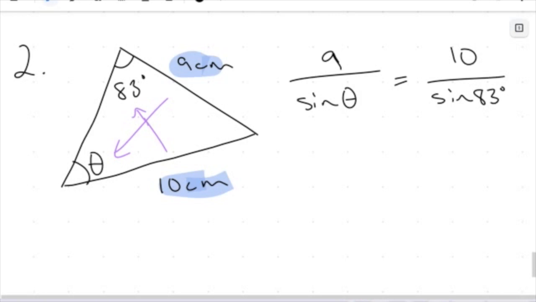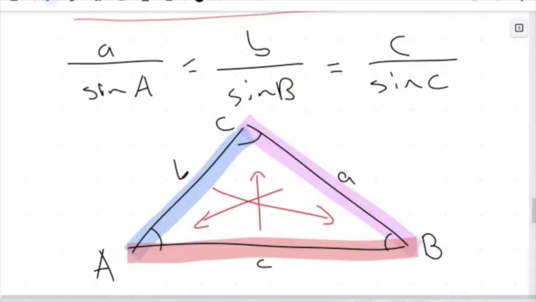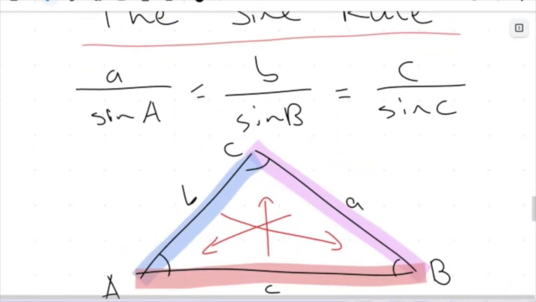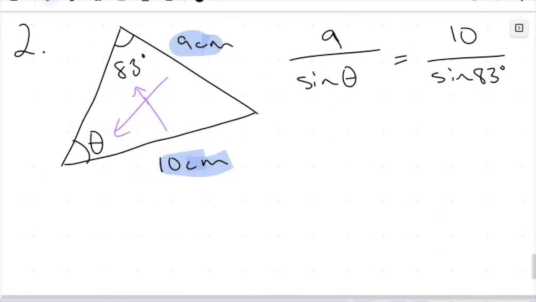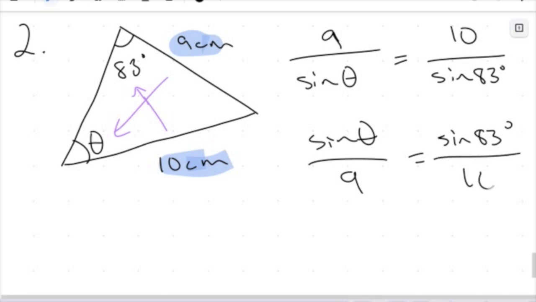Now, interestingly enough, because these are just fractions and ratios, if a over sine A equals b over sine B equals c over sine C, we can also say similarly that if we took the reciprocal of both, so if we flipped it, that would also be true. So we can say sine theta over 9 is equal to sine of 83 over 10.